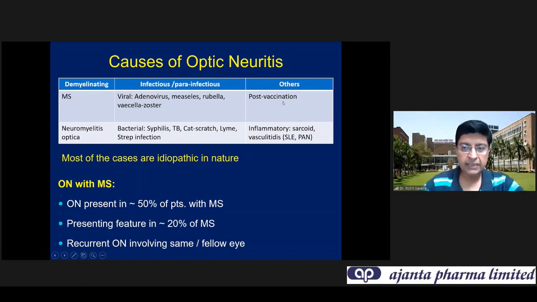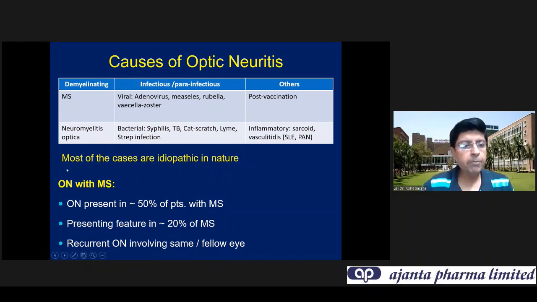And of course, there could be others like post-vaccination that we can see in children, and inflammatory, associated with inflammatory diseases like sarcoid, SLE, PAN. So a lot of associated inflammatory diseases could also present with optic neuritis. However, most of the cases are idiopathic in nature and really no clear association can be picked up.